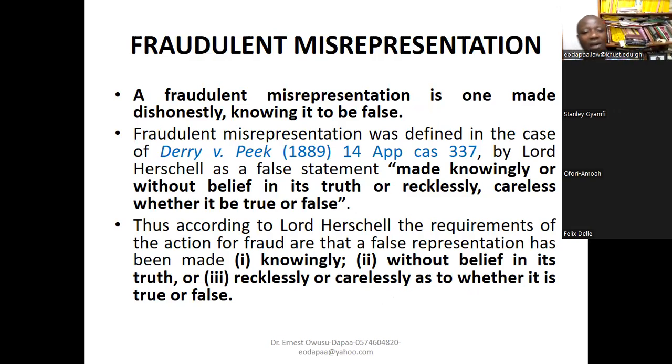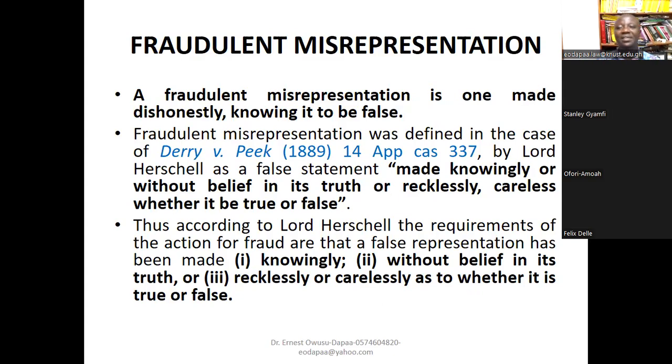Then we also have fraudulent misrepresentation. Every student of law of contract in the common law world knows the point I'm going to make, and it should not be different for our students who are also doing this course.